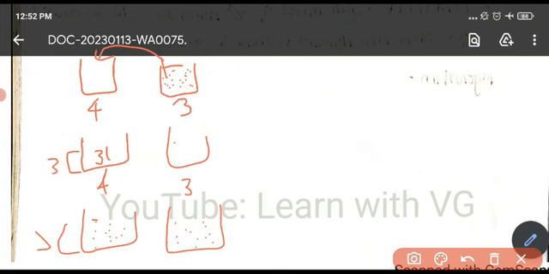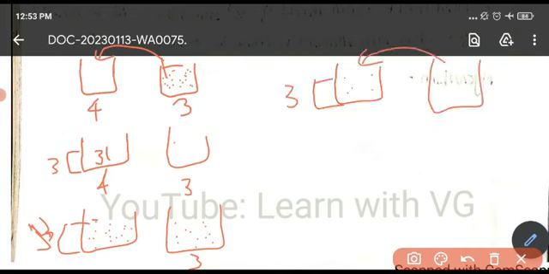Now what you can do, again pour this 3 liter into the 4 liter jug. Here you have only one empty space. How much water can it accommodate? It can accommodate only 1 liter, correct?